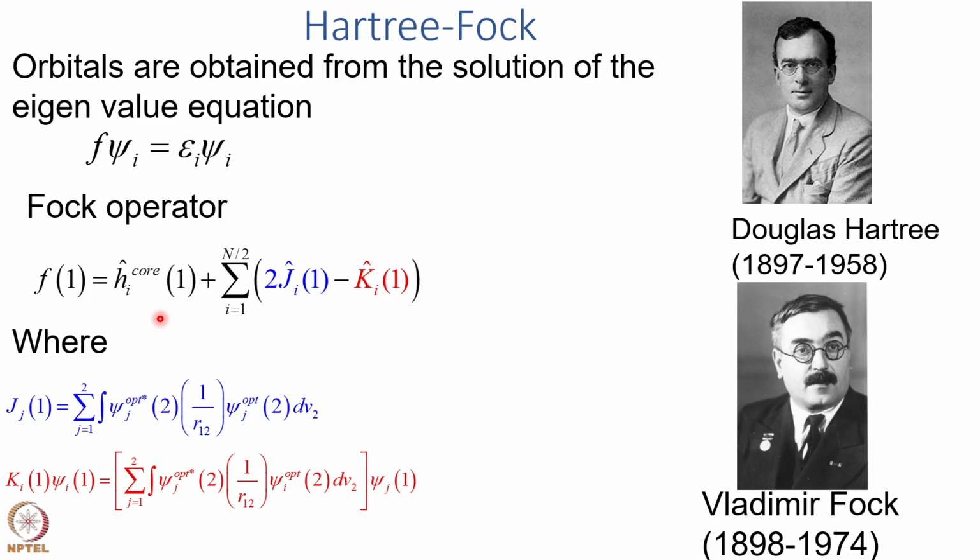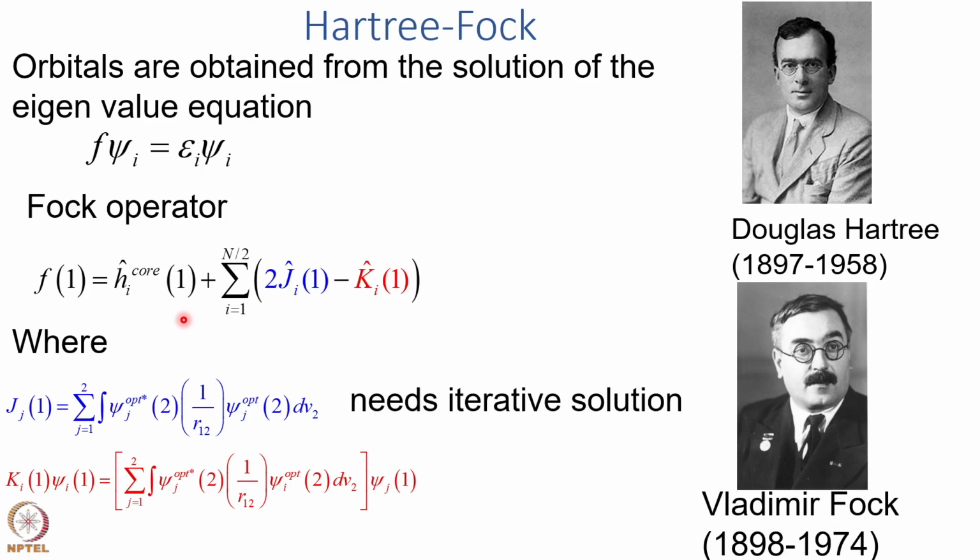So if I cannot solve the Hamiltonian, I will define a new kind of Hamiltonian, the Fock operator, where the explicit R12 interaction between the 2 electrons I replace by physically meaningful interactions: one is the Coulomb repulsion of the electrons, and the other is an exchange interaction between the 2 electrons, which is a quantum mechanical interaction. So the exact R12 operator, a 2 electron term, I replace by 2 effective 1 electron terms, and that is why it is sometimes called a mean field picture.